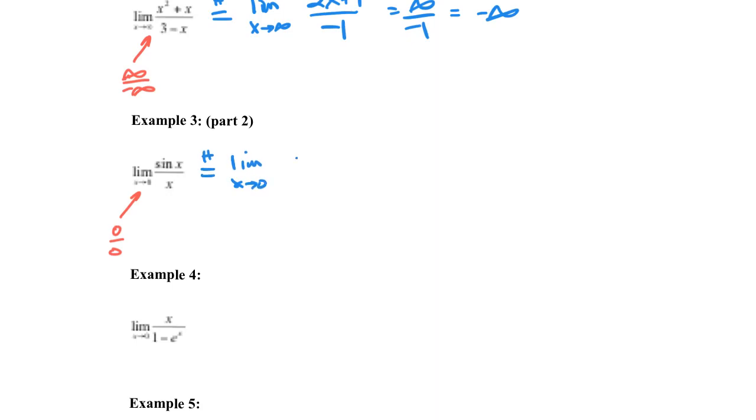The derivative of sine is cosine. The derivative of x is 1. And now we can take the limit. We plug in a 0. The cosine of 0 is 1, so we just get 1. And we saved a good 15 minutes at least of doing that geometric proof.